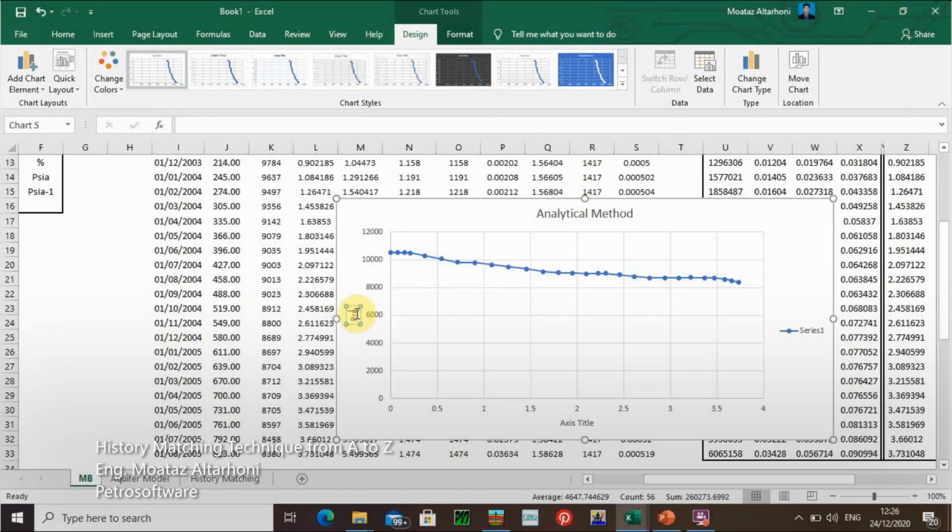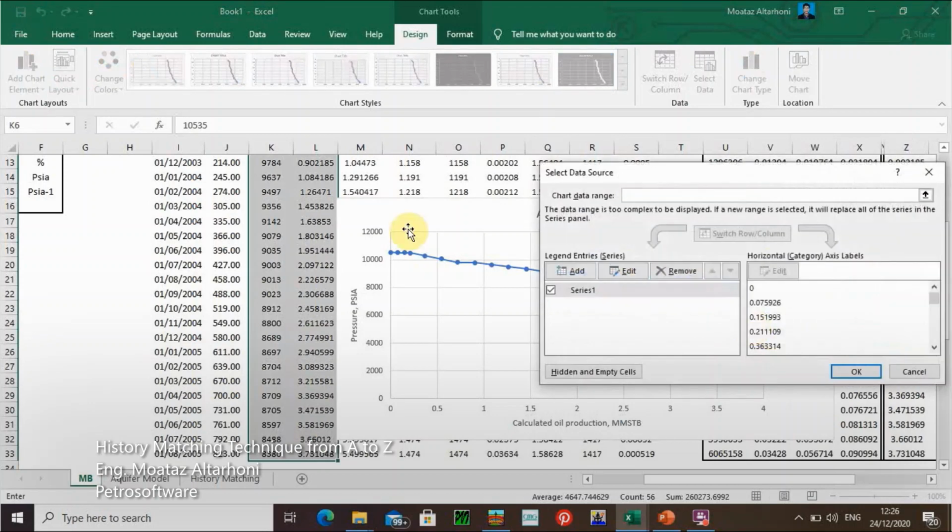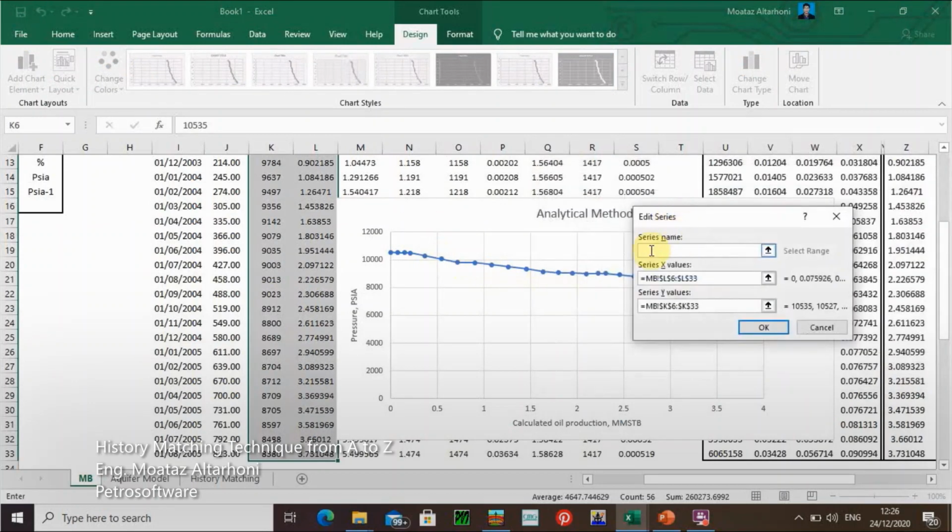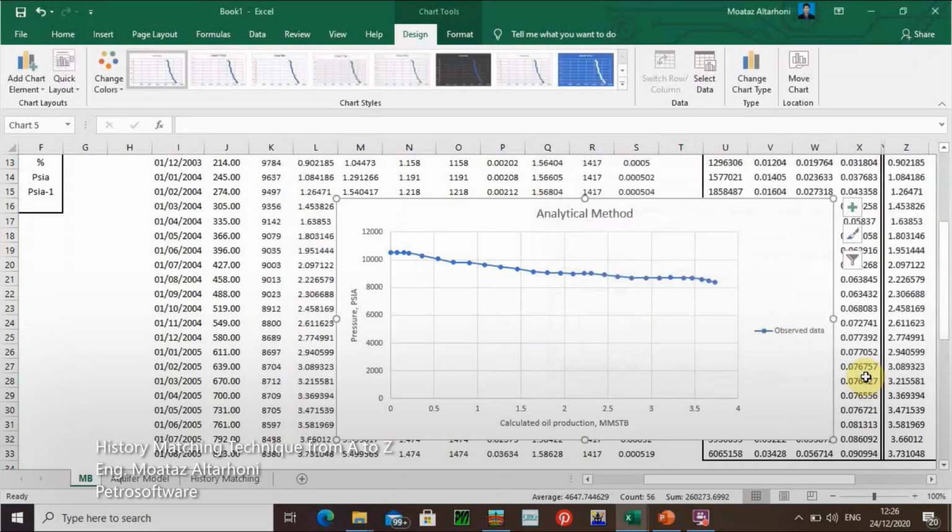Here will be the pressure, and here, okay. This line will be for observed data, means the actual data we have from our field.